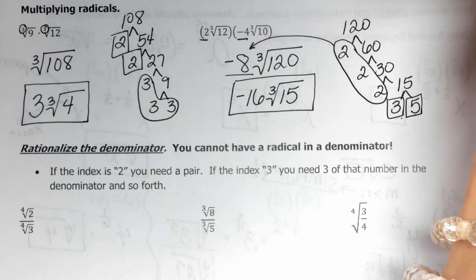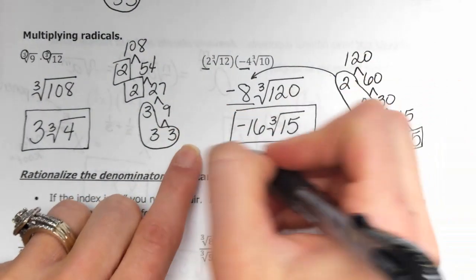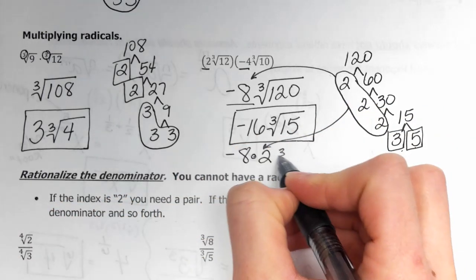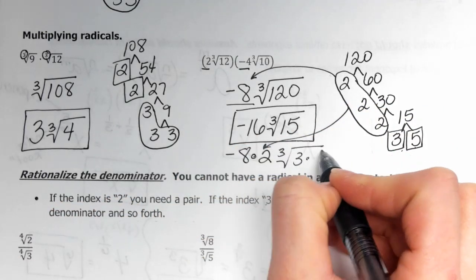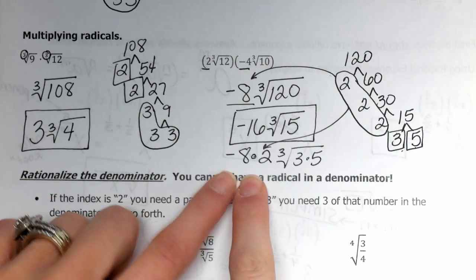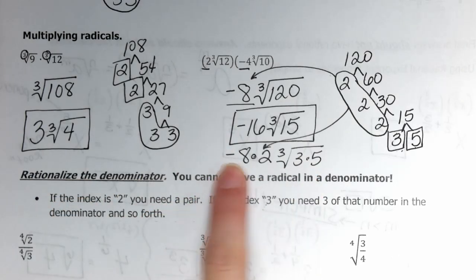We good? I took the negative 8 times the 2, and then I did the 3 times 5 that was left over. If y'all need to write this step, if you're not sure how to go straight from here, if you need to write this, you can. But it's not necessary. Okay?